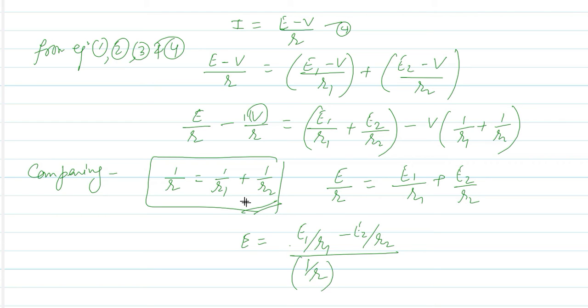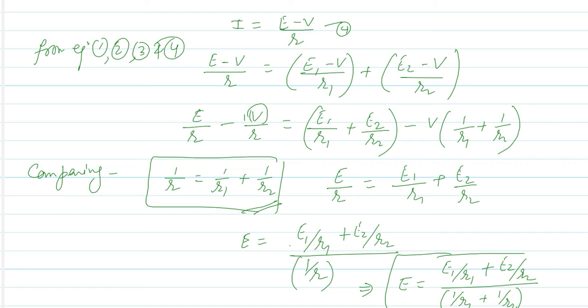Now listen, I am supposed to further substitute 1 by r in terms of R1 and R2. So the final expression for the equivalent E will become E1 by R1 plus E2 by R2 divided by 1 by R1 plus 1 by R2, right students?